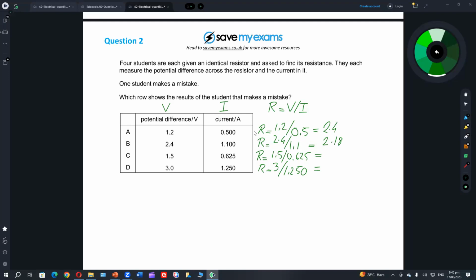The third one, 2.4. Next one, 1.2. No, just 1 point, sorry, 2.4.